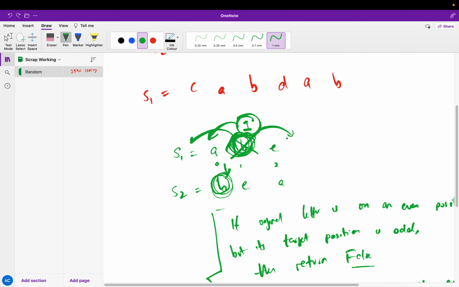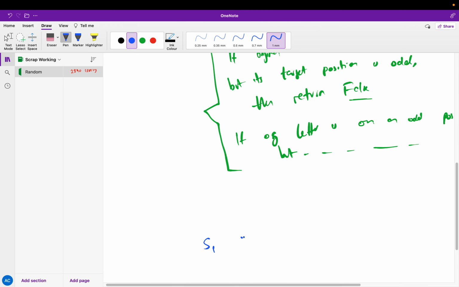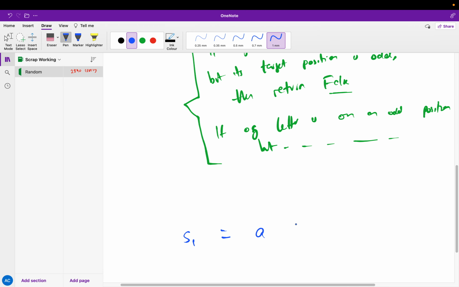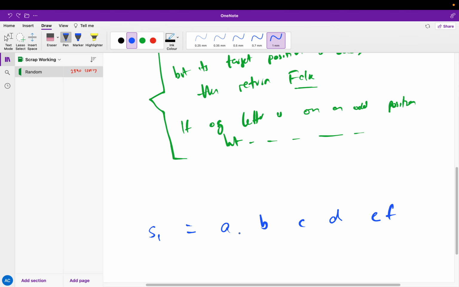But I'm pretty sure I saw an example like this yesterday where you could have something like this: A, B, C, D, E, F, G. 1, 2, 3, 4, 5, 6, 7. No, I think it was just F. I think there were 6 letters.